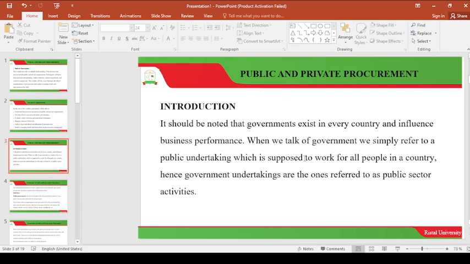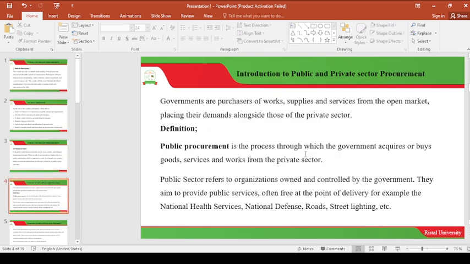Be it construction of roads or power stations, these are done by the government. Governments are purchasers of works, supplies, and services from the open market, placing their demands alongside those of the private sector. So the government buys these goods, works, or services from the private sector.